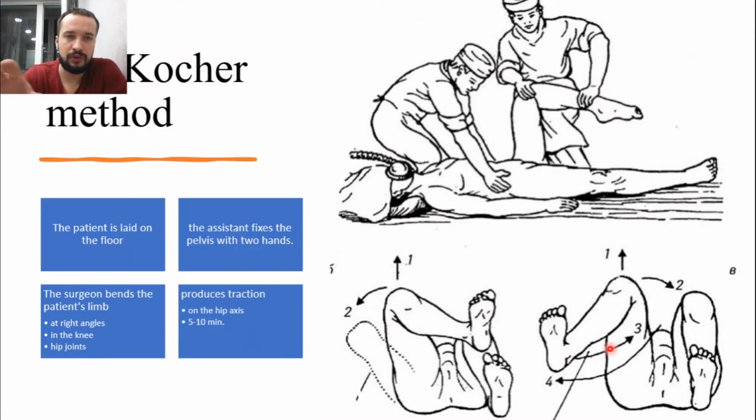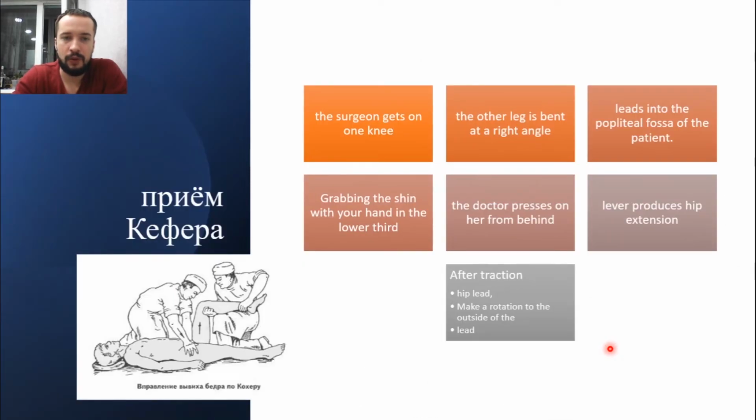Yeah, I will show you first of all how we do it. And now we will talk about the Kefer method. The surgeon kneels and bends the other leg at a right angle and brings it into the popliteal fossa of the patient.